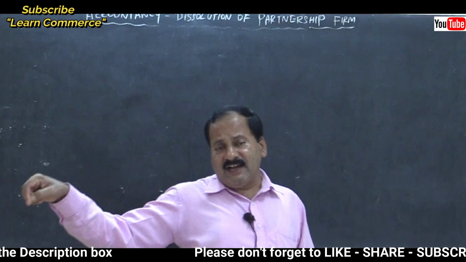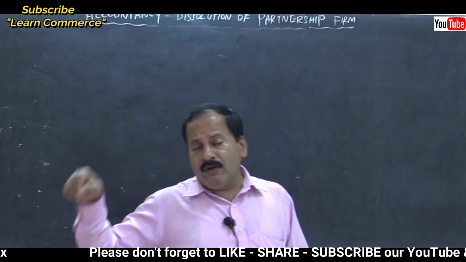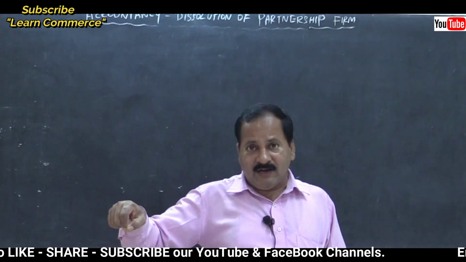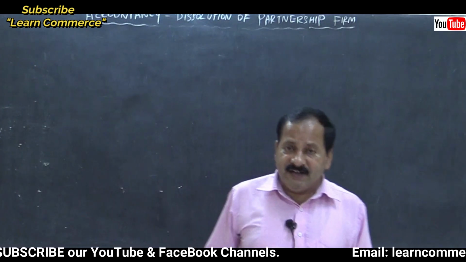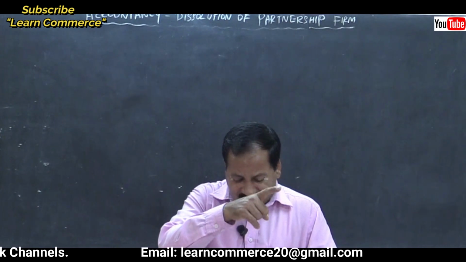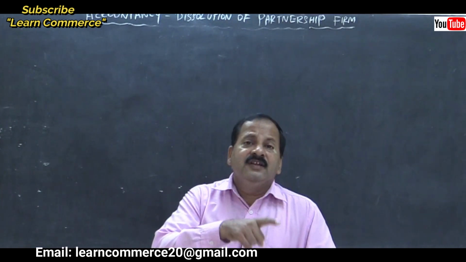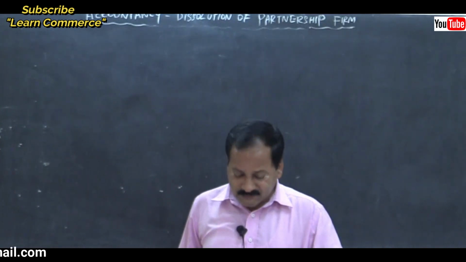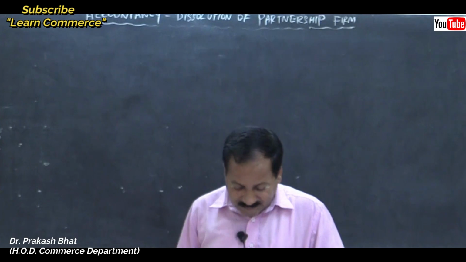For the asset taken over, you give an entry on the credit side of realization account as by Tanu's capital account, sundry debtors taken over. For the liability taken over, to Tanu's capital account, bank loan taken over. Two entries you have to pass, one on either side.